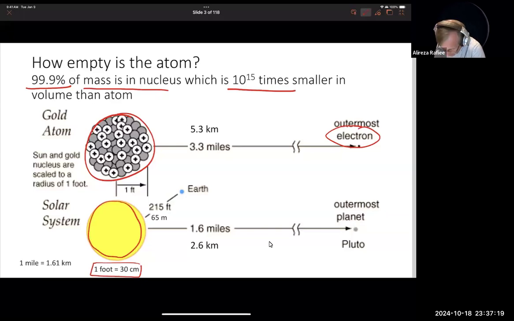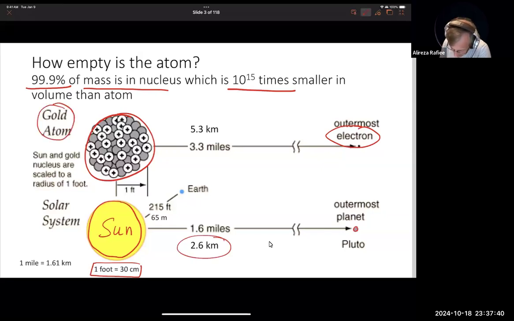In that scaling model, when the Sun is as big as a basketball, Pluto, which is the furthest object in our solar system, would be about 2.6 kilometers away from the Sun. On the same scale, if you take a gold atom and scale its nucleus up to the size of a basketball, about 30 centimeters, then the electron from the outermost layers of energy would be about 5.3 kilometers away from the nucleus.